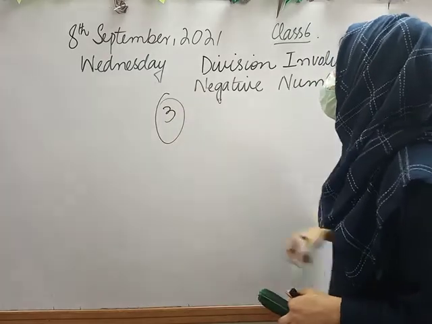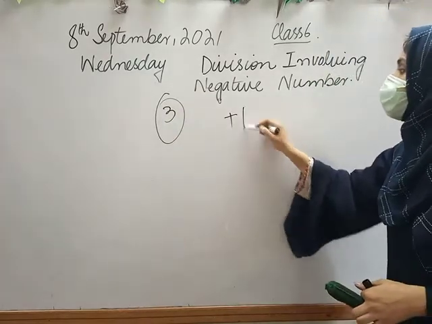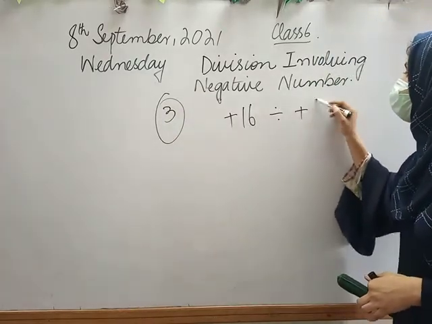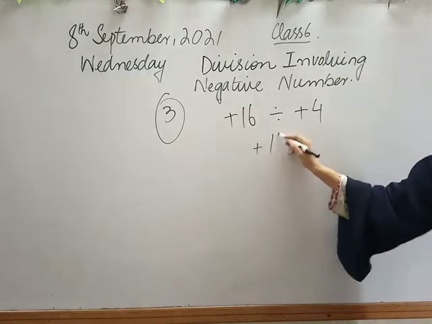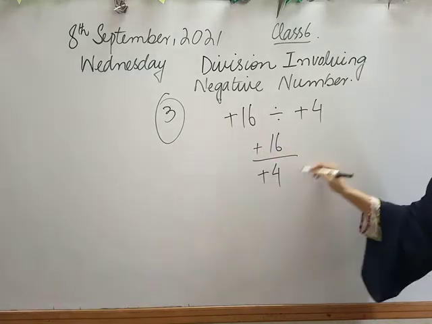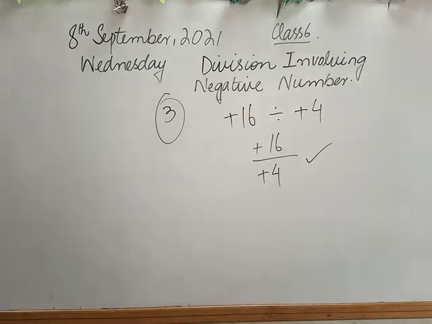Rule 3. If the first number is positive and the next number is also positive, ठीक है, वो क्या होगा? Simply we will write into fraction form which is like this. ऐसे ही class? Okay.